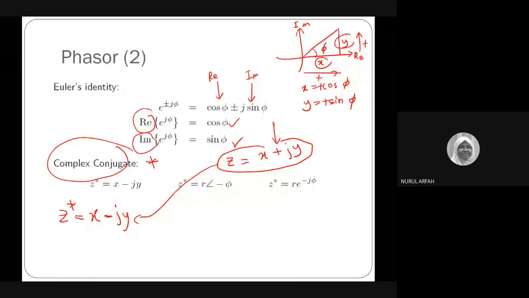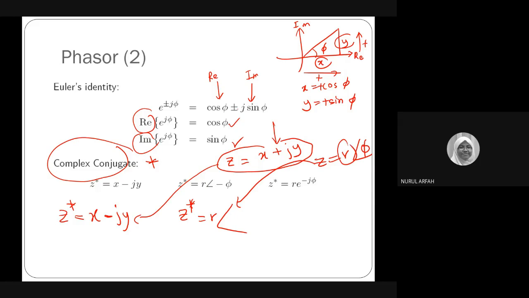And what about the polar form? If you have this in polar form, then in polar form this one will be z asterisk, r. No, this is the amplitude, and then you have to negate the phase, so you have a negative theta there.